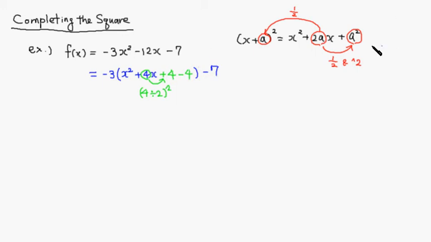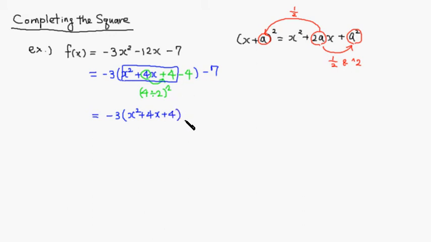All right. Then you can see that we have the three terms that we need to complete the square. So we're going to group those together. Negative 3 is still there, then put those three terms, x squared plus 4x plus 4, together inside the parentheses.